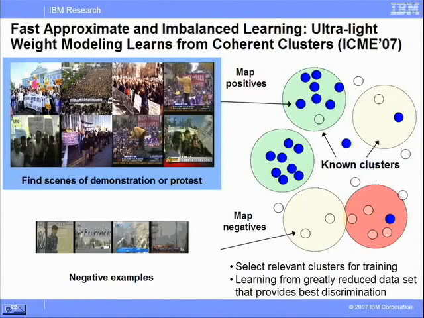In some cases, maybe a classifier needs to be created on the fly. Maybe there's a new information need, or a user has something in particular in mind. One example was find scenes of a demonstration or protest. Now, maybe you can't anticipate that people will want to look for that thing later.